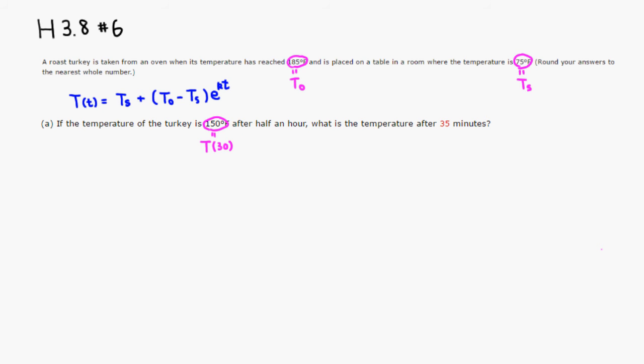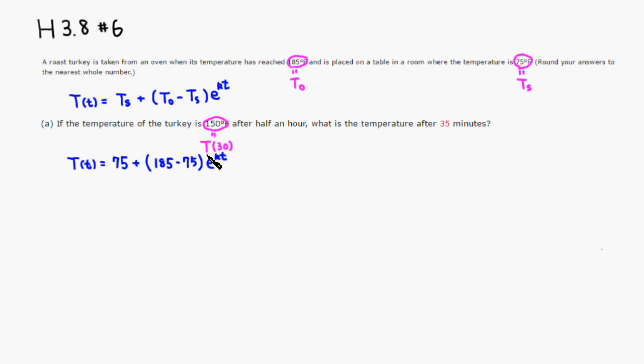First we know that T0 is 185 and the temperature of the surroundings is 75. So the temperature of the turkey is 75 plus the initial temperature 185 minus the surrounding temperature 75 again, times e to the kt.